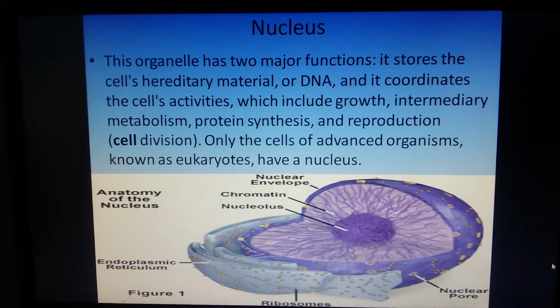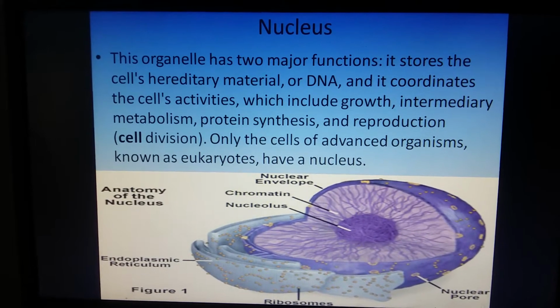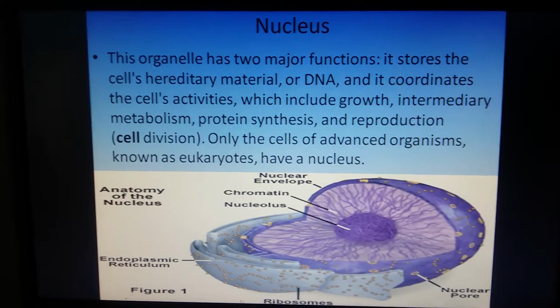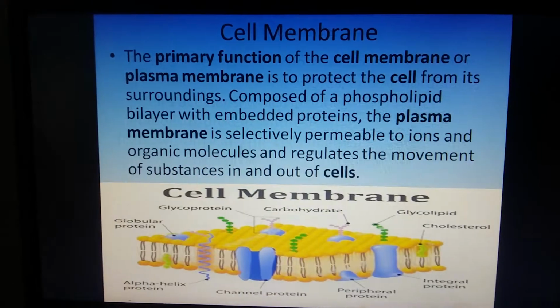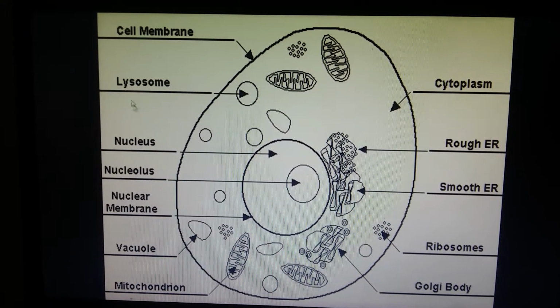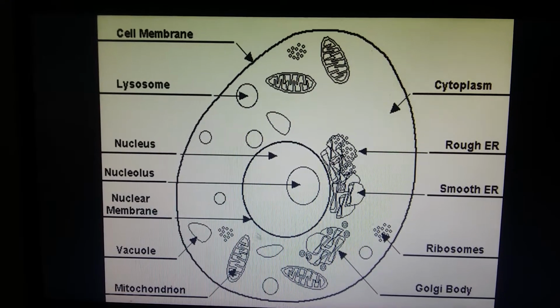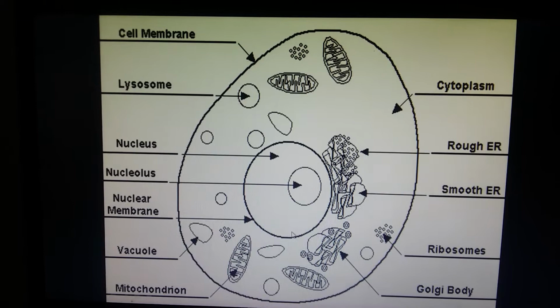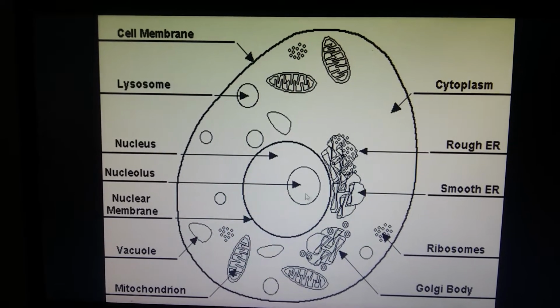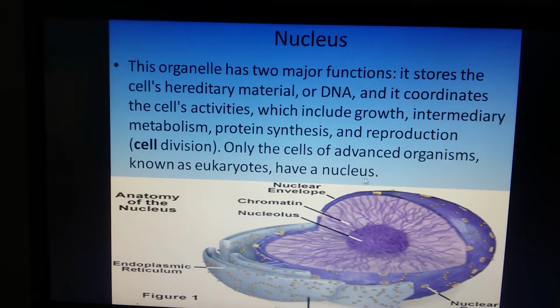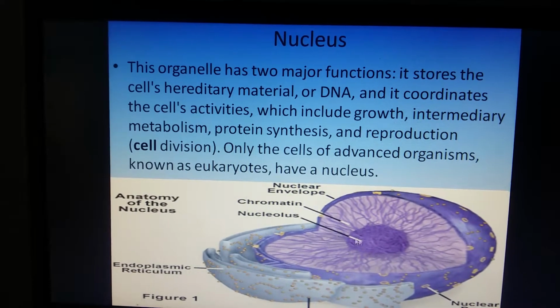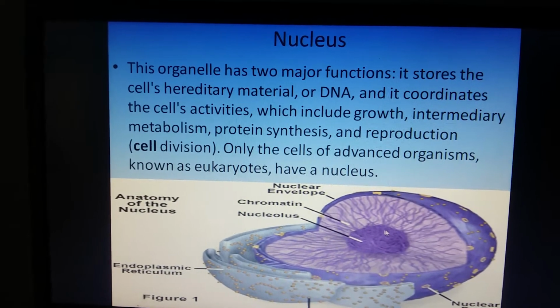Then is the nucleus. Nucleus is one of the most important organelles of the cell. As you can see here, nucleus lies at the center, and at the center of the nucleus is the nucleolus. So this is the nucleus and this dark patch is the nucleolus.